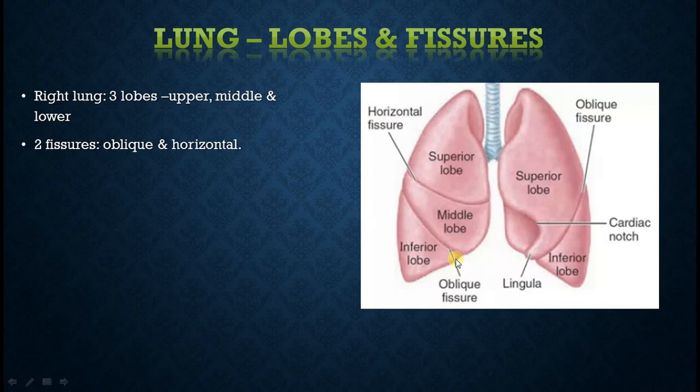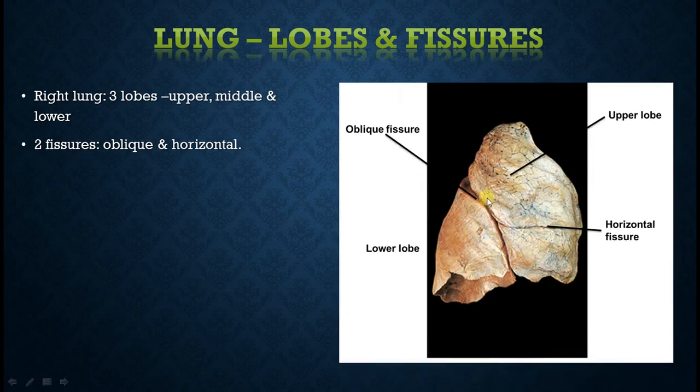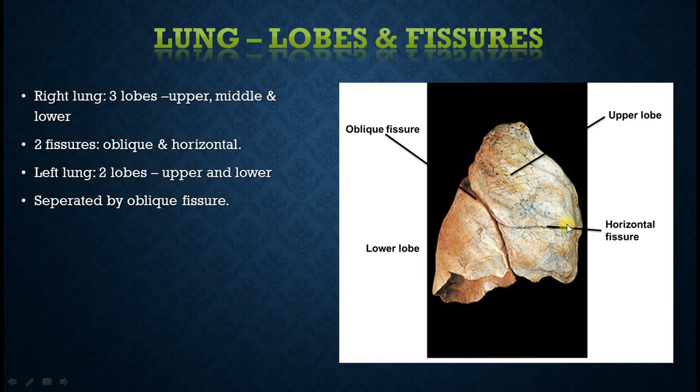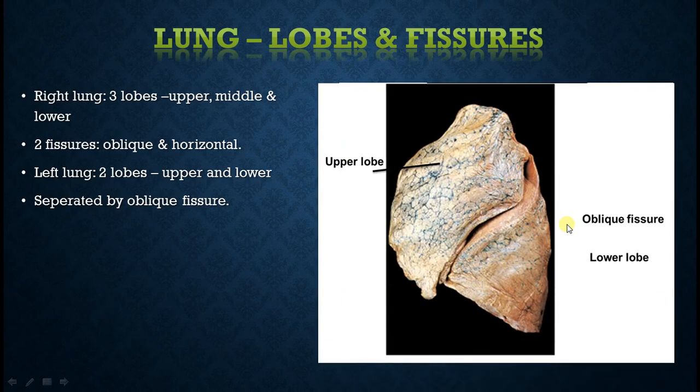Here you are able to see the oblique fissure. Now for the right lung, from the oblique fissure at the level of the fourth intercostal space, you see another line running transversely, which is called the horizontal fissure. Whereas the left lung has only the oblique fissure, there is no horizontal fissure.